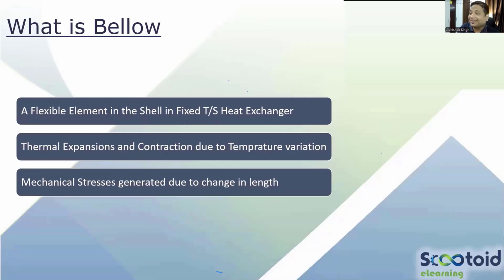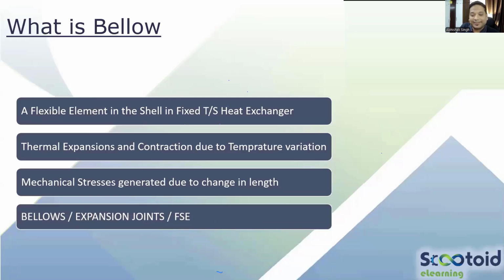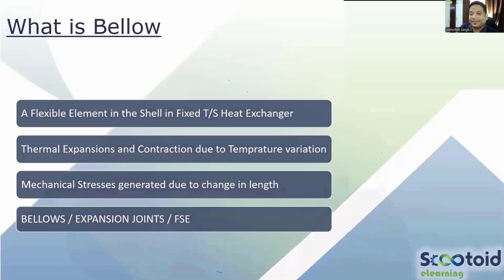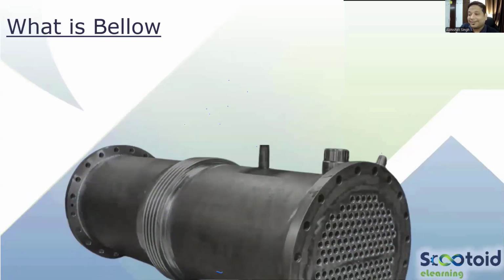Okay, mechanical stresses are reduced because of flexibility in the element. Okay, and they are called bellows, expansion joint, and flexible shell element. Okay, these are the names.